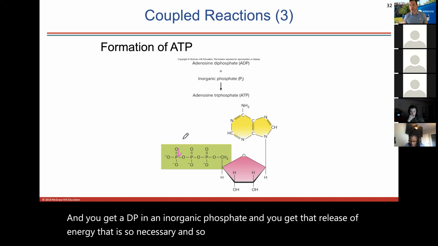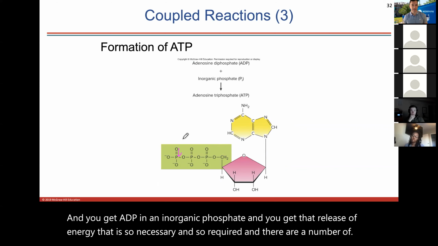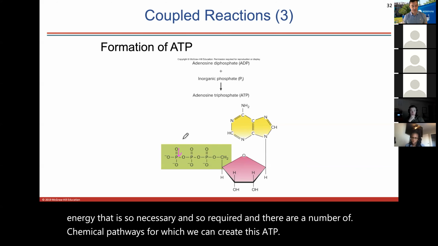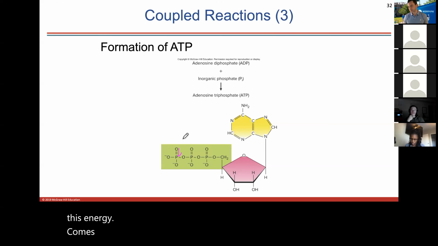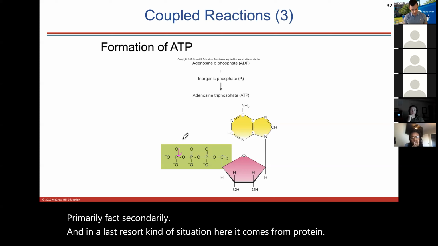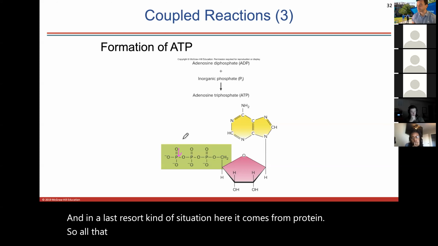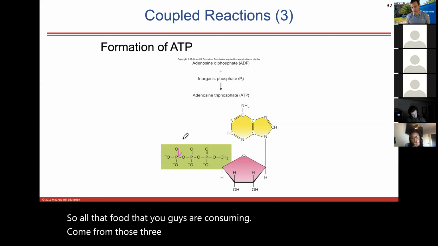And there are a number of chemical pathways by which we can create this ATP. The calories that you consume to fund the body's ability to create all this energy come from carbohydrates, primarily, fat, secondarily, and in a last resort situation, protein. So all that food that you're consuming comes from those 3 macronutrients, those biomolecules.